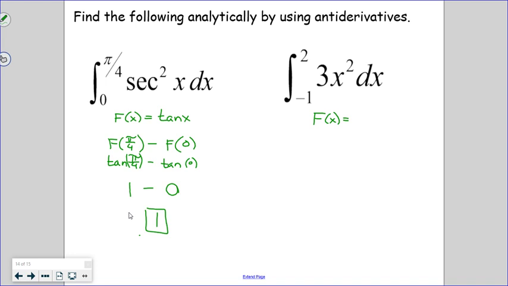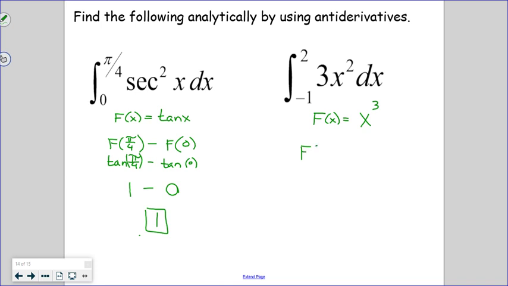Let's find its antiderivative. If it started out as an x squared, its antiderivative would be an x cubed. And the number in front of that? 1, because 3 times 1 gives me 3, right? Or take this number divided by our new exponent gives me the number in front.